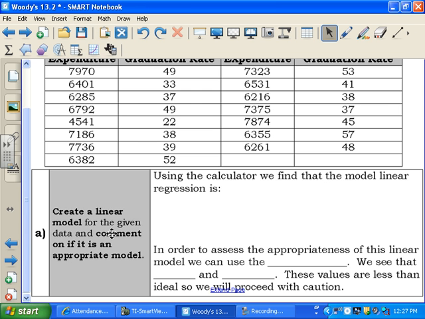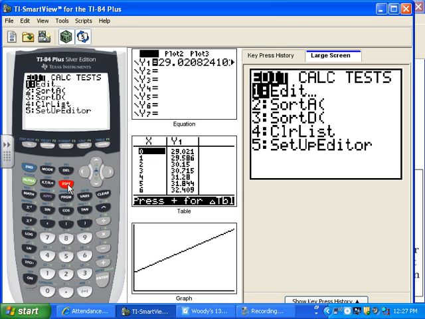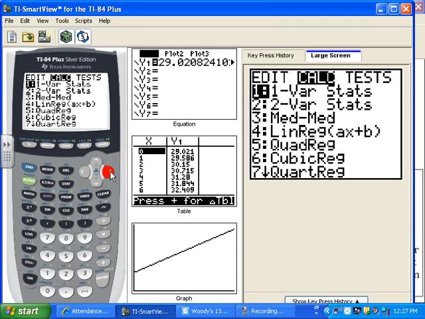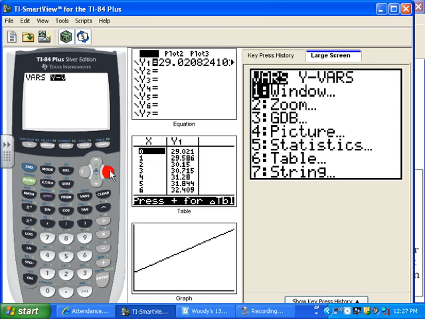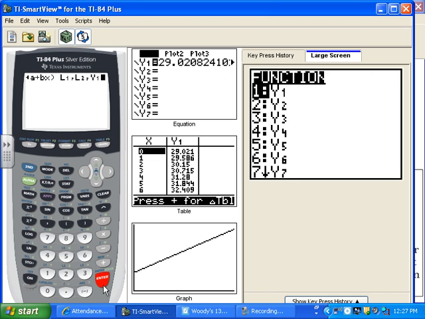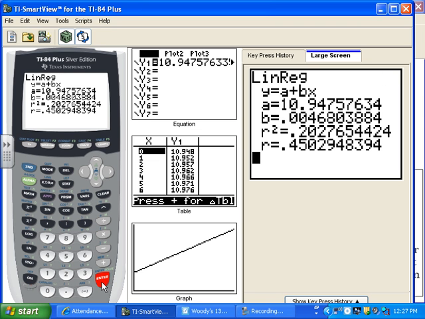Create a linear model given and comment if it's an appropriate model. Hopefully you get something like that.